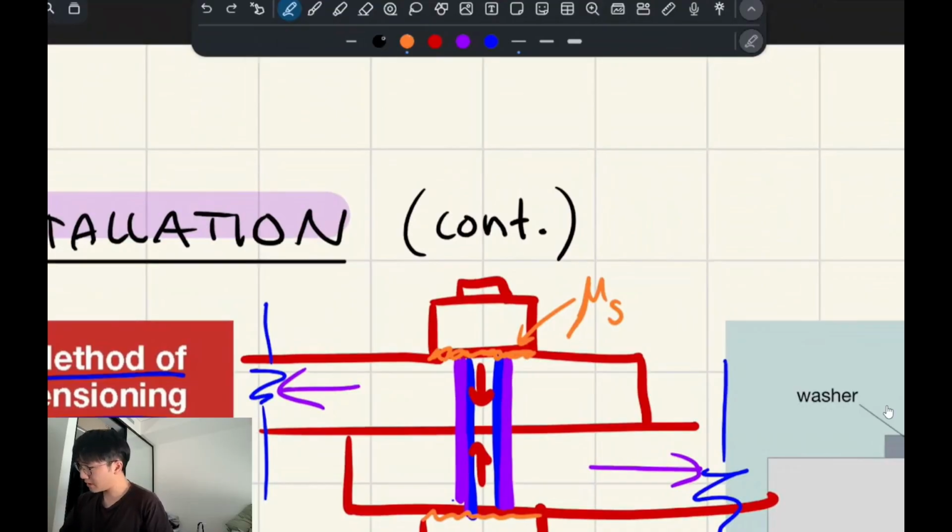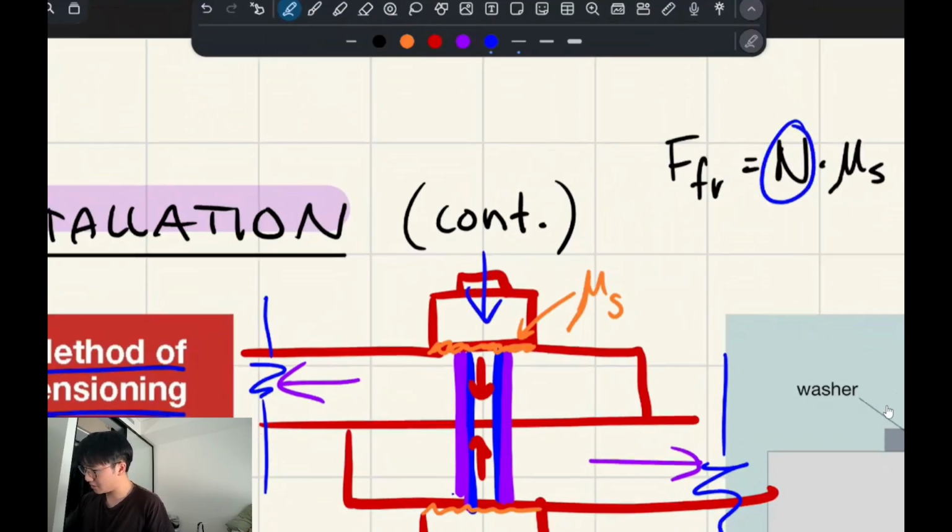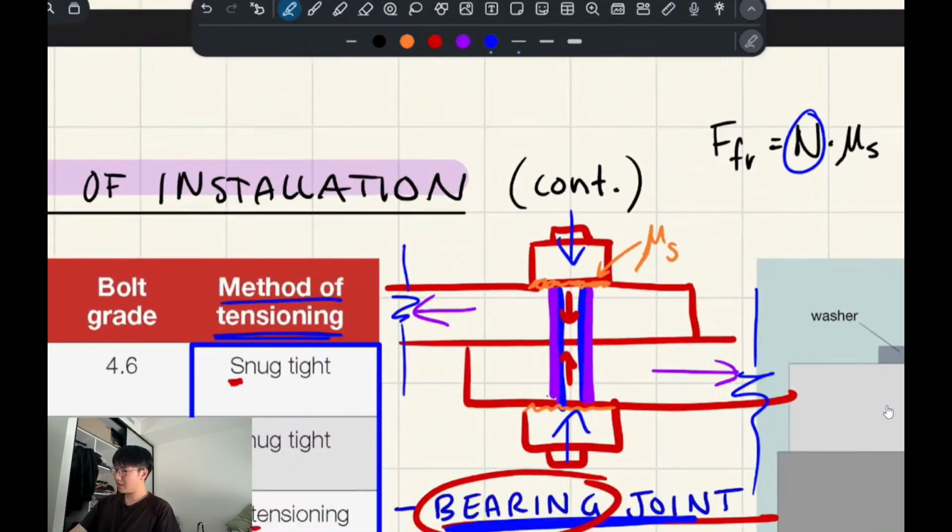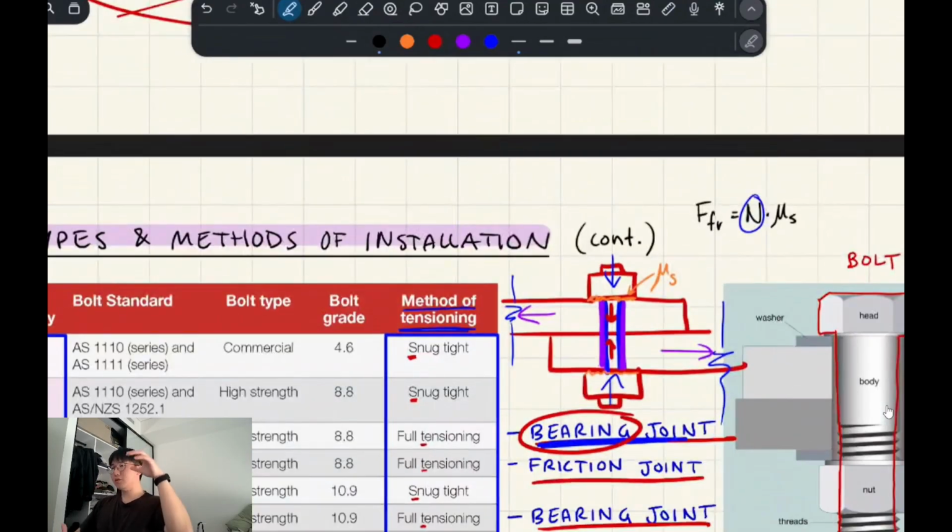So the force of friction is equal to the normal force multiplied by this coefficient. That normal force in this context is how much you tension the bolts. So the more you tension them, the more friction you have.